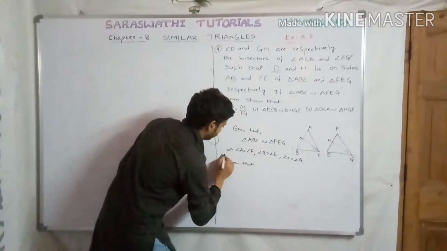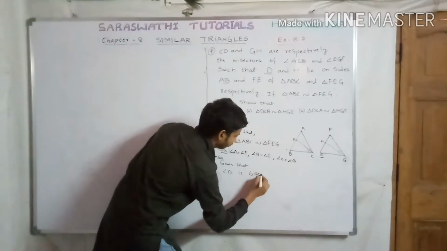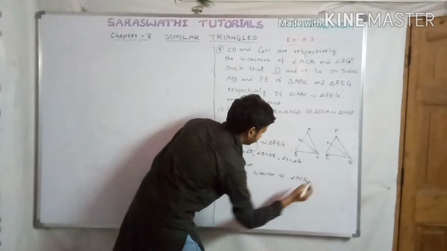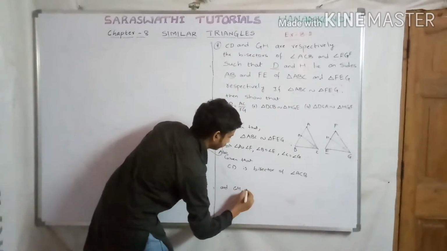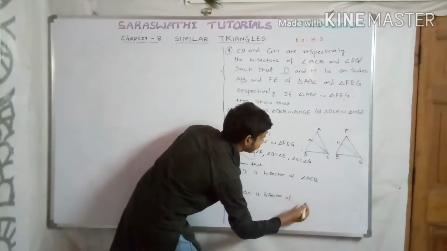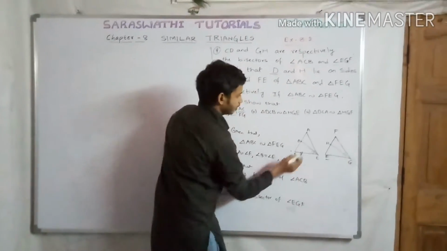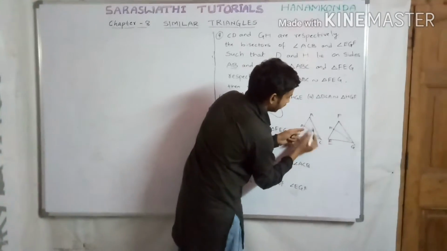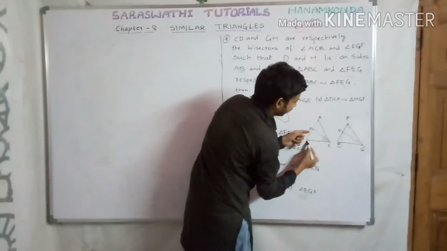Also given that CD is bisector of angle ACB and GH is bisector of angle EGF. Here CD is the bisector of angle ACB, that means CD divides the angle ACB into two equal angles. That means angle ACD equal to angle BCD.